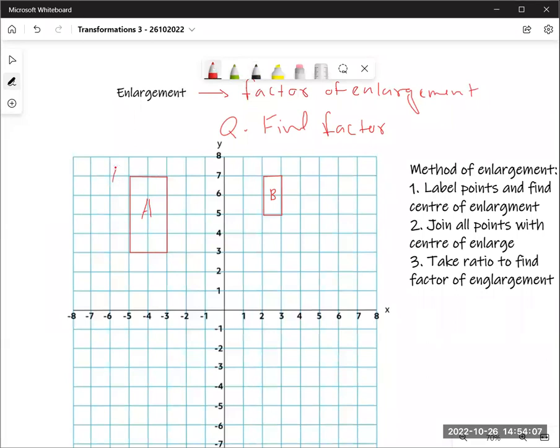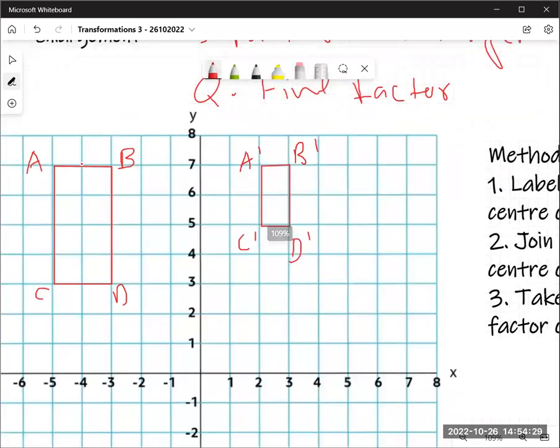So what we can do is let's label these points A, B, C, D, and let's label this E, F, G, H. Or even better, let's just name it A dash, B dash, C dash, D dash, because these are the same shape. Now, what we're trying to do is connect all of these points together.